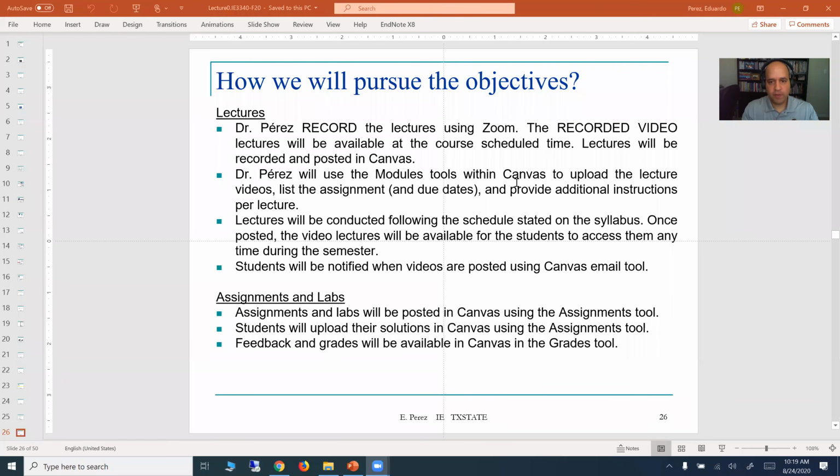Okay, so how are we going to pursue these objectives? So today's lecture is live because I wanted to do this because it's the first lecture. However, I know that there are some limitations for students in terms of accessing live lectures, like for example, internet might not be working well every day, or sometimes my internet can fail.